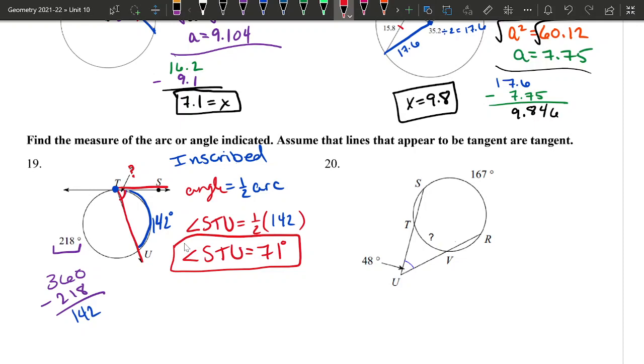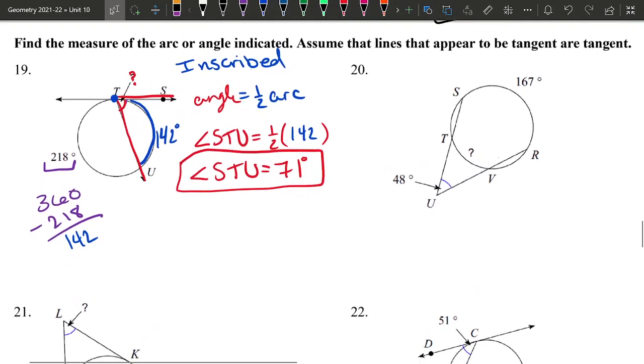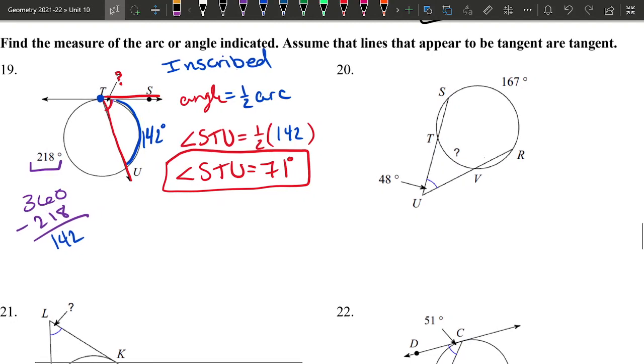All right, so then on number 20, again, we're looking at the vertex of the angle to see which formula on the formula sheet we're using. On number 20, the vertex of the angle is outside the circle. So here's the angle, a secant, and another secant, that make up this angle of 48 degrees.